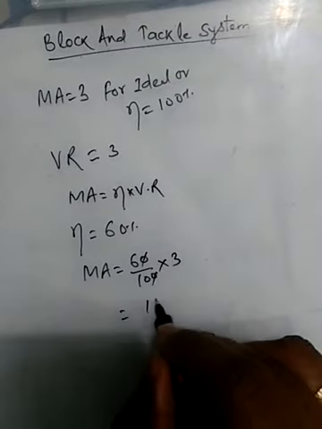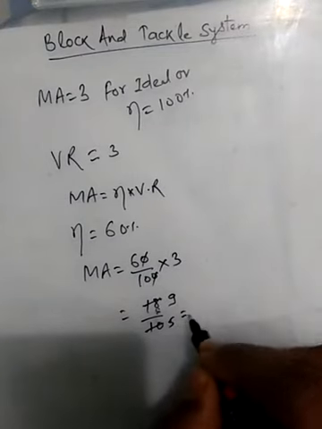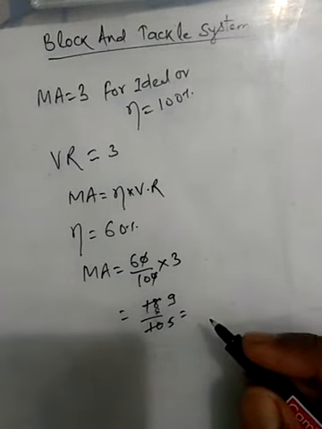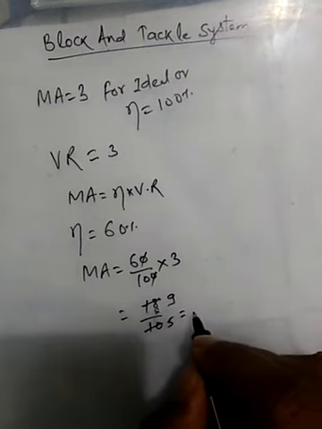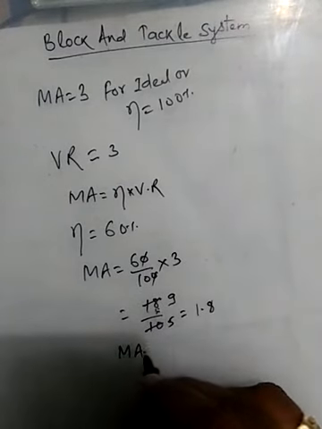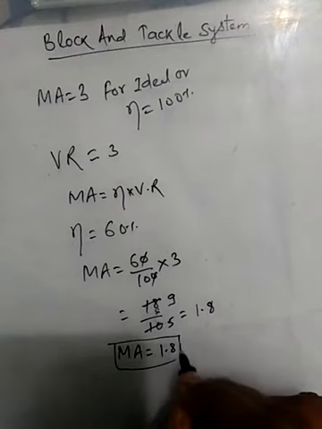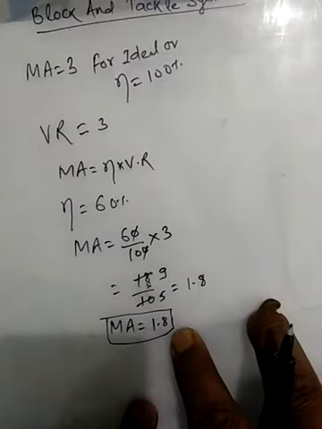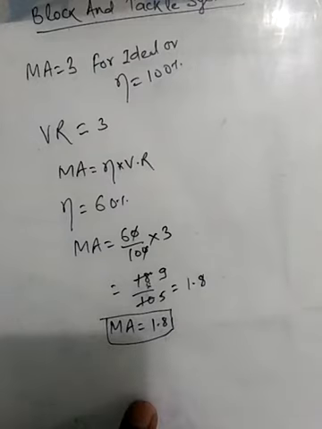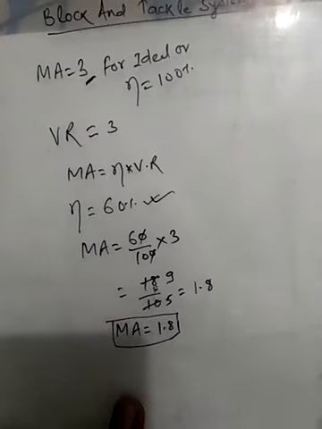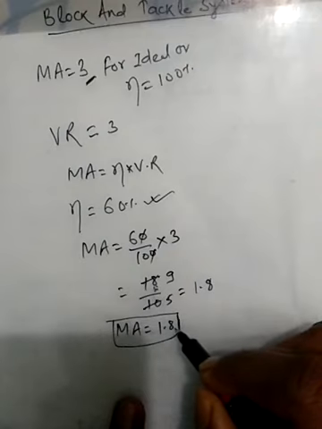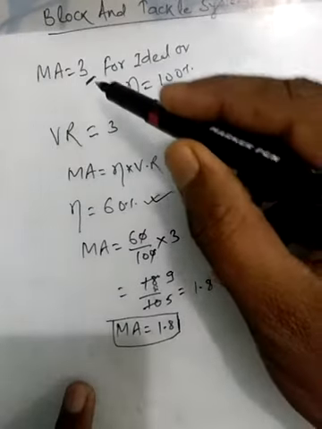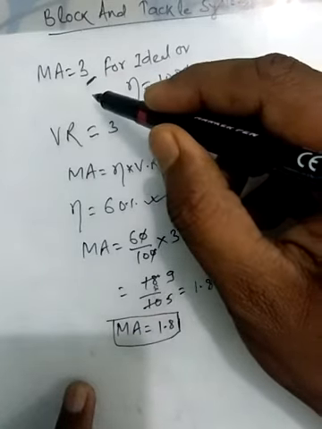Then here mechanical advantage is obtained as 1.8 for this condition if efficiency is 60%, which is smaller than the ideal mechanical advantage for this condition, which is equal to 3.